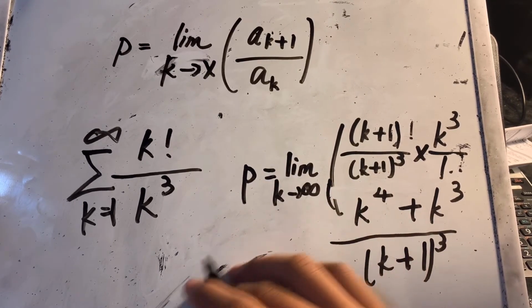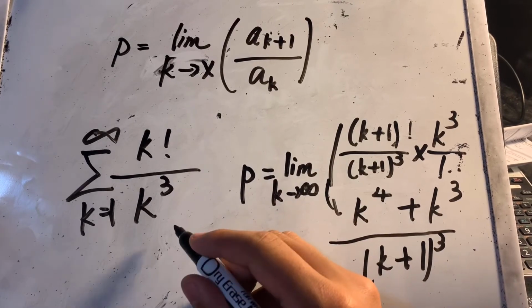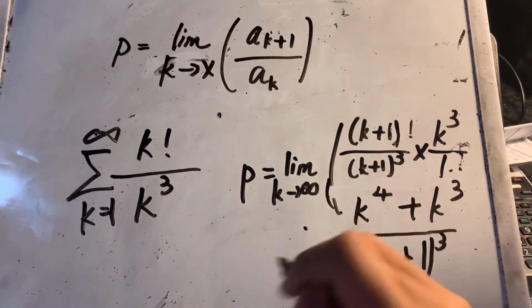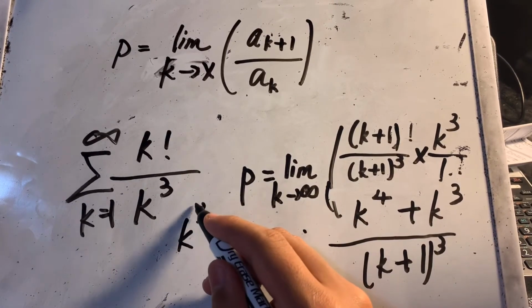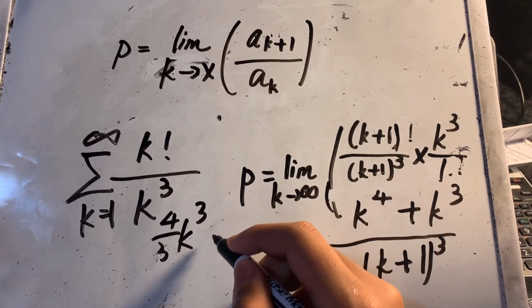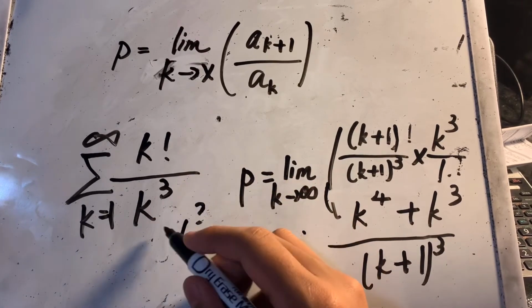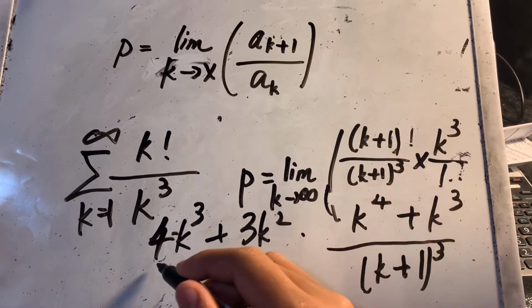Actually, the problem is, how do you know that this is infinite? Okay, so we are going to use the L'Hopital rule, remember? So we know this is infinite over infinite, so we are able to use it. So we know that the derivative of this is going to be this, it's 3k squared, right?